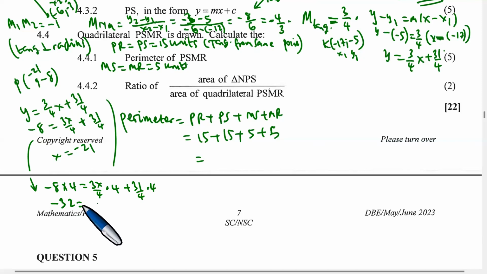Minus 32 equals 3x plus 31, which is 3x equals minus 63. You divide minus 63 by 3, which is minus 21. So that's how we get the minus 21, and the minus 21 becomes the coordinate of P.